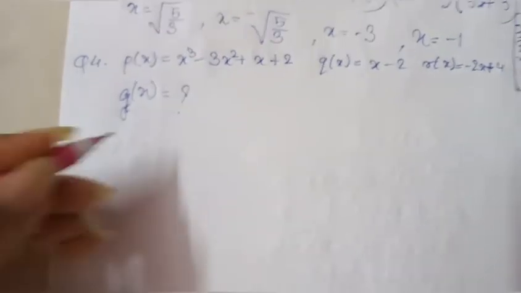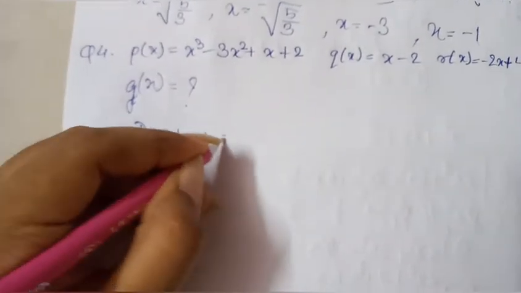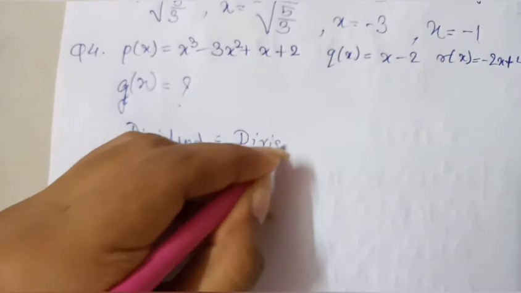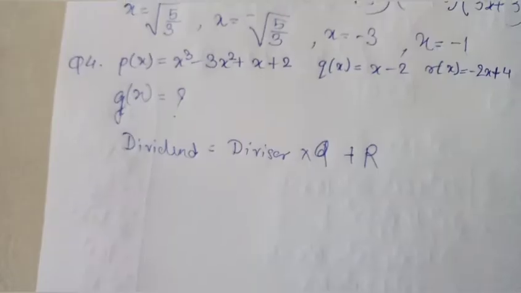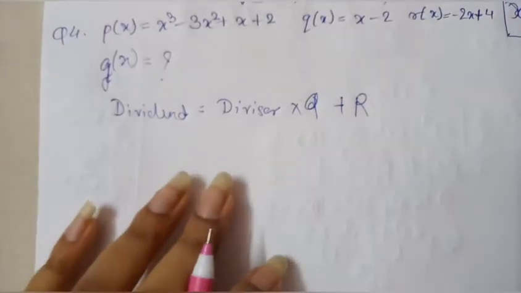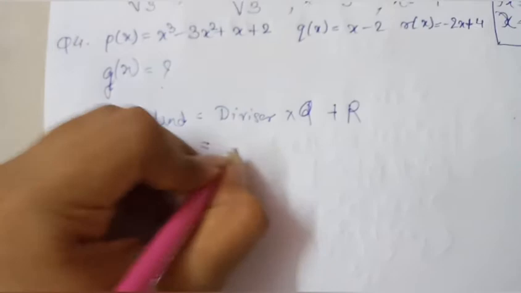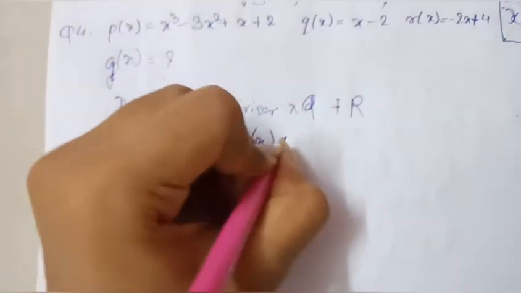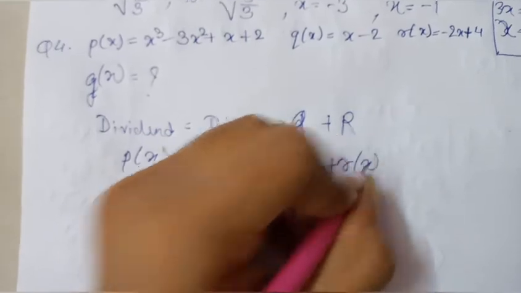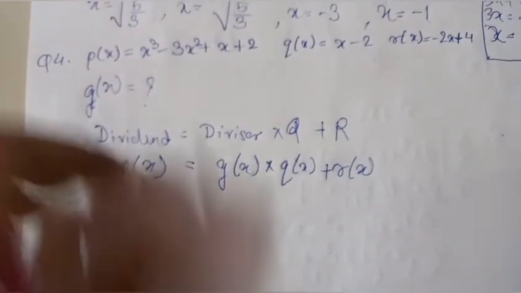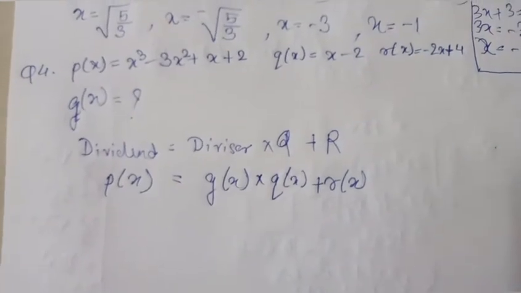You can recall, dividend is equal to divisor into quotient plus remainder, and we'll use this only. Dividend here is p(x), divisor is always g(x), into q(x) plus r(x), and we just need to put all these polynomials in their places and we'll get the answer.